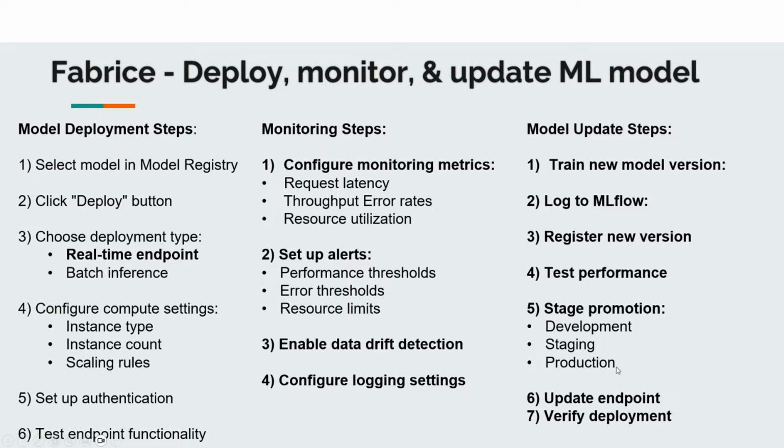Model deployment steps: after you build a model and put the model in a registry, you can see it in your workspace and hit the deploy button. And if you choose a real-time endpoint, you can then configure it, set up authentication, and test endpoint functionality.